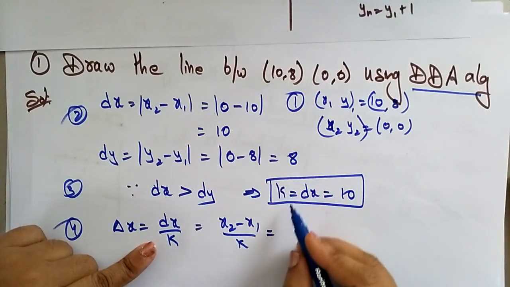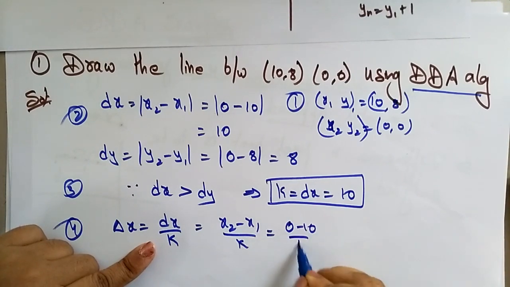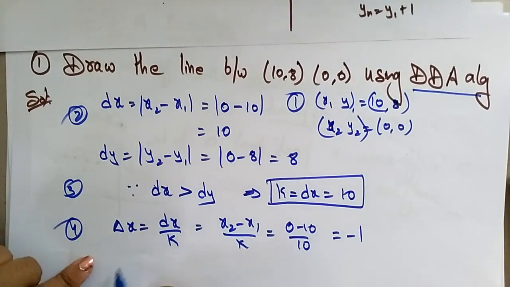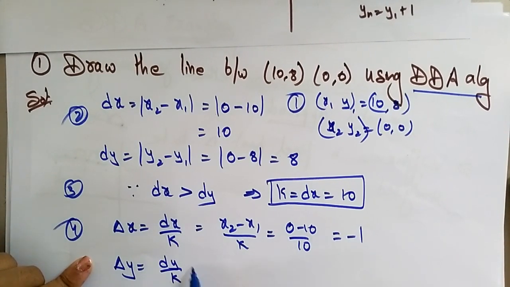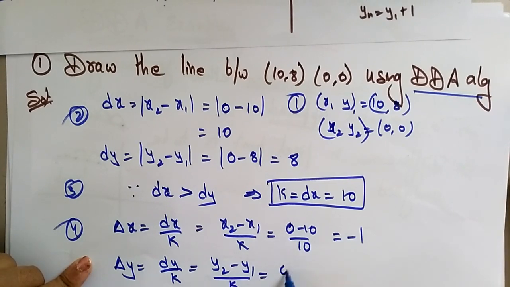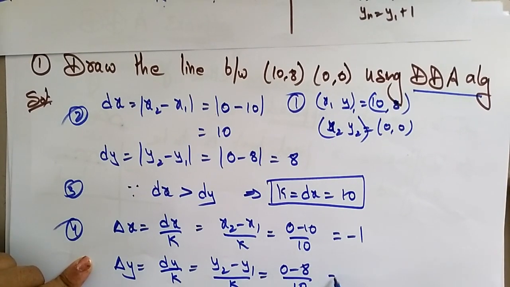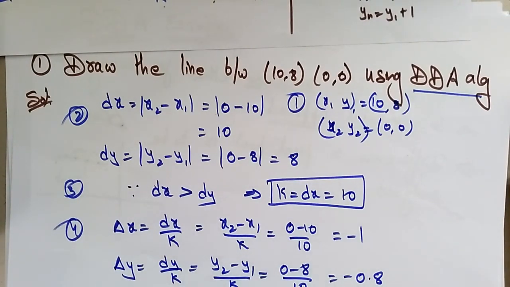So 0 minus 10 by 10 is equal to minus 1. And delta y is dy by k, y2 minus y1 by k, which is 0 minus 8 by 10, that is nothing but minus 0.8. So step 4 is over.